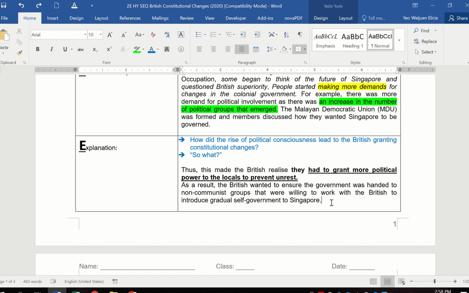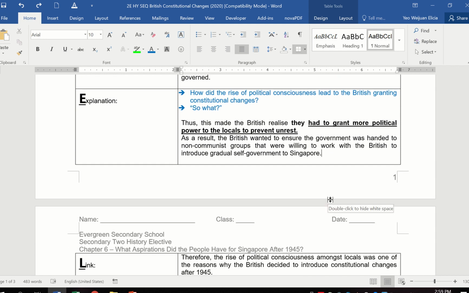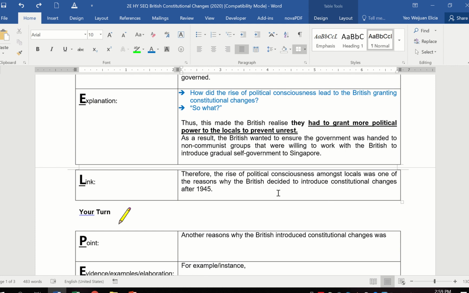The marker would most likely be thinking, yes, the British realized they had to grant more political power, and so? Therefore there is a need for a link, and this is that very short conclusion that links back to the entire question.